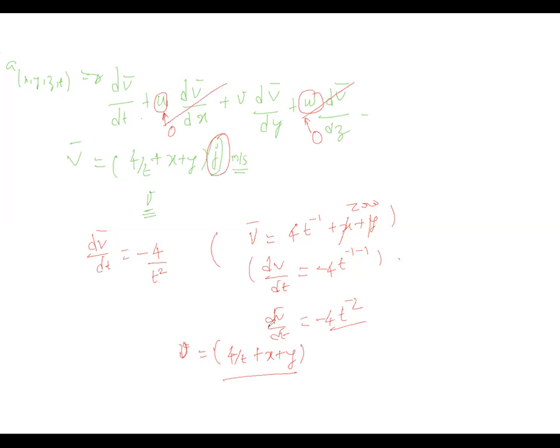This value is not 0 when differentiating with respect to x. Then differentiating with respect to y, in that one you have a value of only 1, that is, the parameter is y, and t and x are constants, so you get dv vector by dy equal to 1.